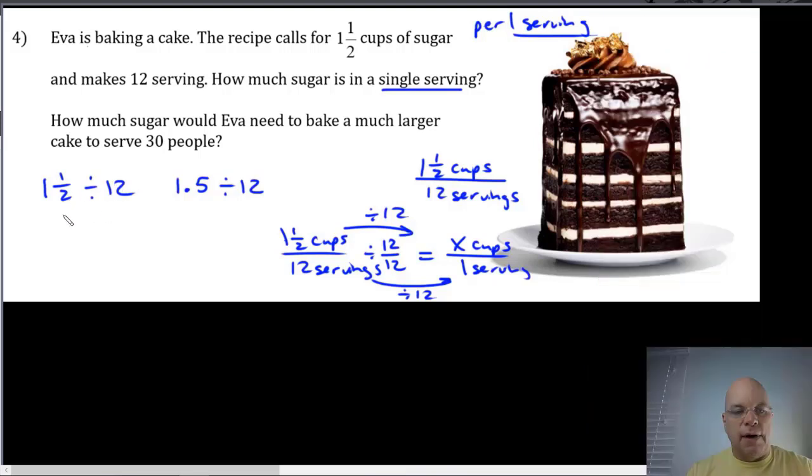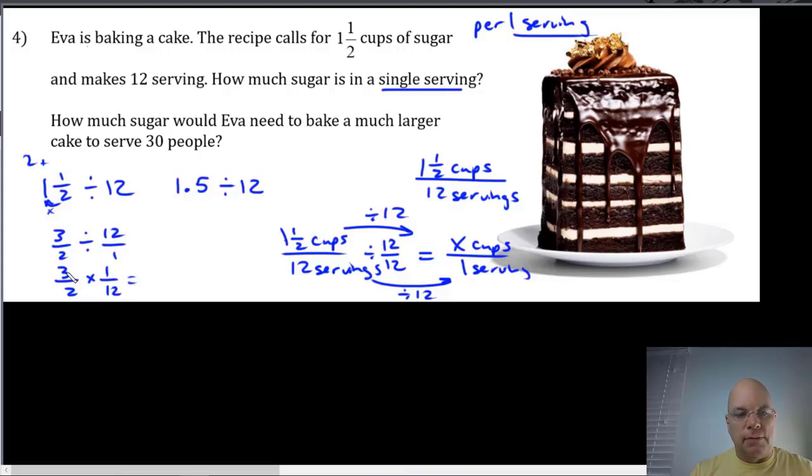If you decide to do this in fraction form, 1 1/2 is, 2 times 1 is 2, plus 1 is 3, so 1 1/2 is 3 halves. It's just one whole, which is 2 halves, and one more half, so 3 halves. Divided by 12 over 1. Dividing is the same as multiplying by the reciprocal, so it's the same as multiplying by 1 over 12.